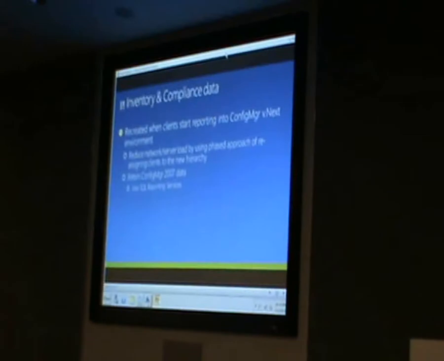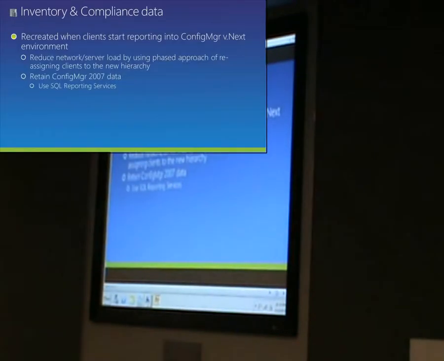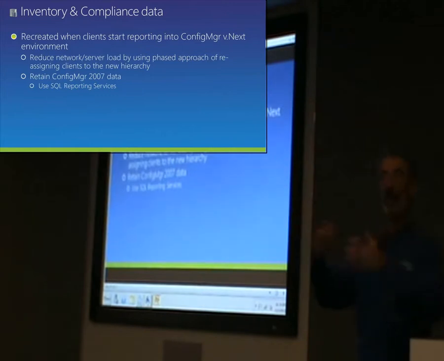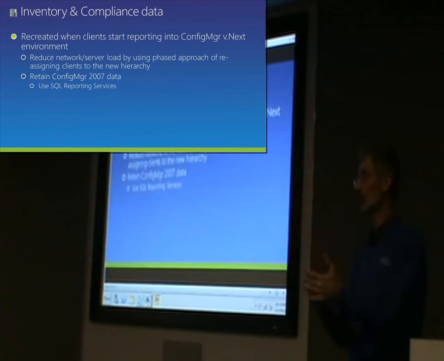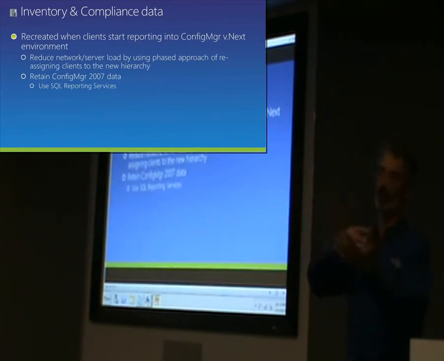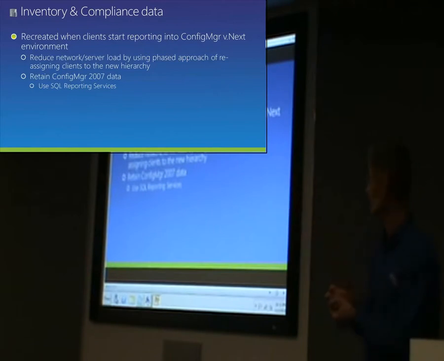On your clients, if it's a 64-bit client OS, so you're running the 32-bit client on it, we're now native 64-bit client. We uninstall the 32-bit client, we reinstall with the 64-bit client. If it's a 32-bit client on a 32-bit client, we just do an upgrade of that client to the 32-bit VNext client. Anyway, we're not migrating over any compliance data or any inventory data from the clients.